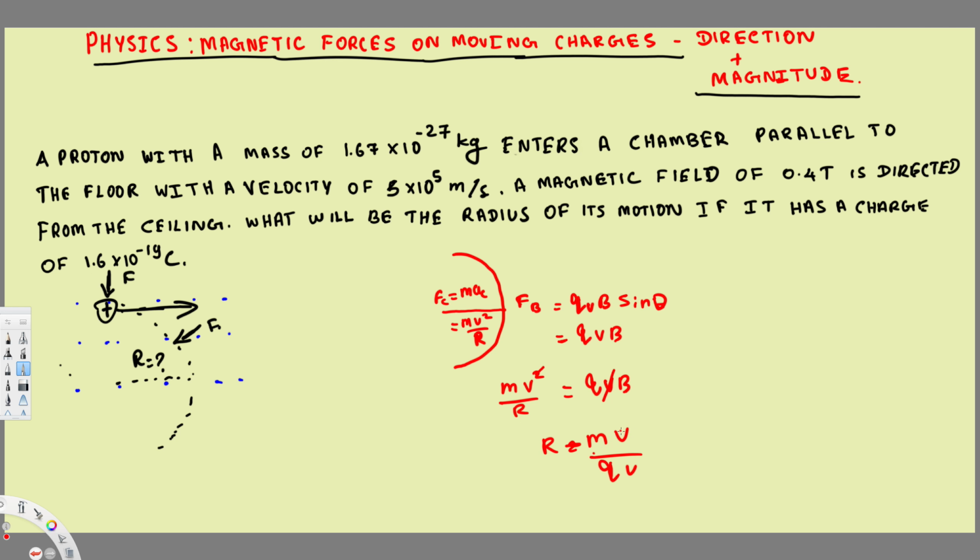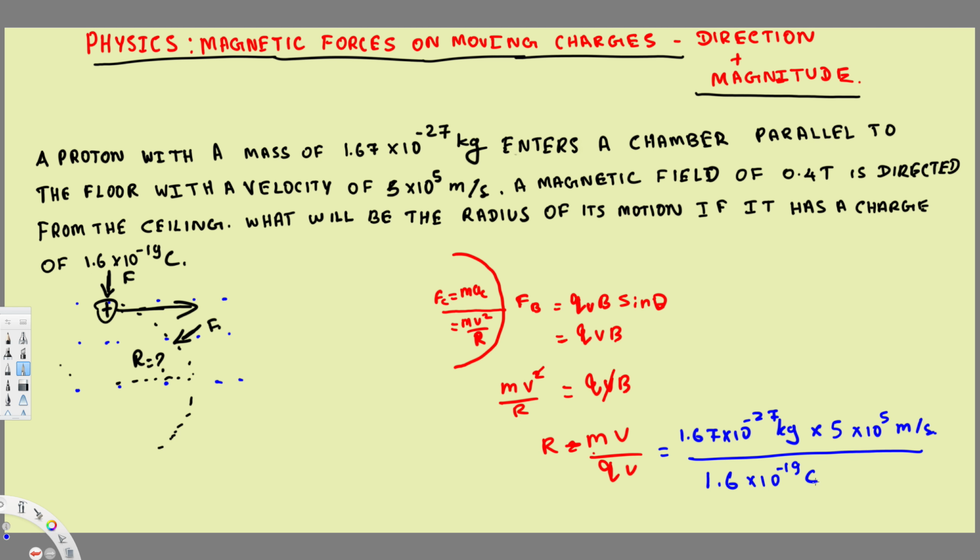Now we have all the information. We have the mass that's provided, 1.67 times 10 to the power of minus 27 kilogram, times the velocity, which is provided, 5 times 10 to the power of 5 meters per second, and the charge is provided, 1.6 times 10 to the power of minus 19 coulomb.